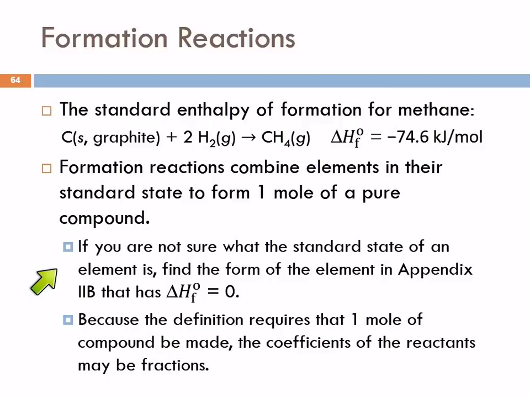If you're not sure what the standard state is for any given element, look in the table and find the state, the form of it that has delta H 0. When we're writing these formation reactions, we can end up with fractional coefficients because the definition requires that we make 1 mole.